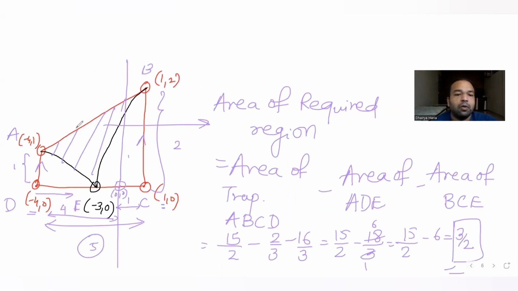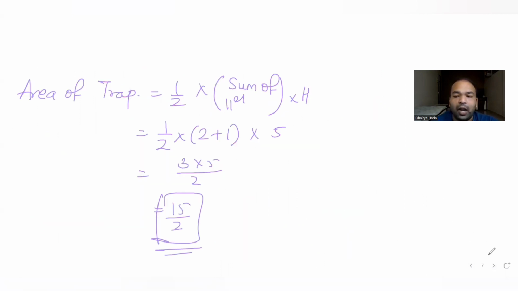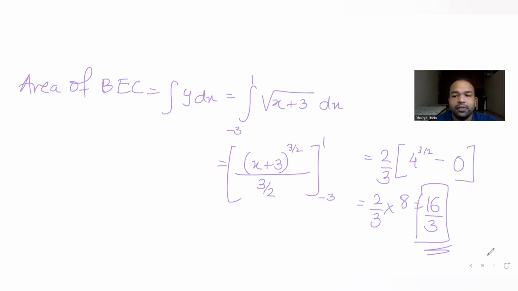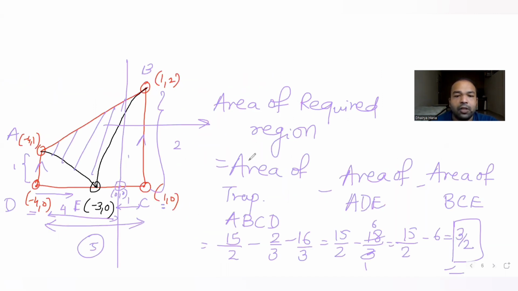Then we got that the area of the required region is nothing but area of trapezium minus this area minus the other area. So you figured out area of trapezium using the formula and area of the other two regions using applications of integrals. So that gave you the regions. And once you figured out that, you got the area of the required region as 3 by 2.